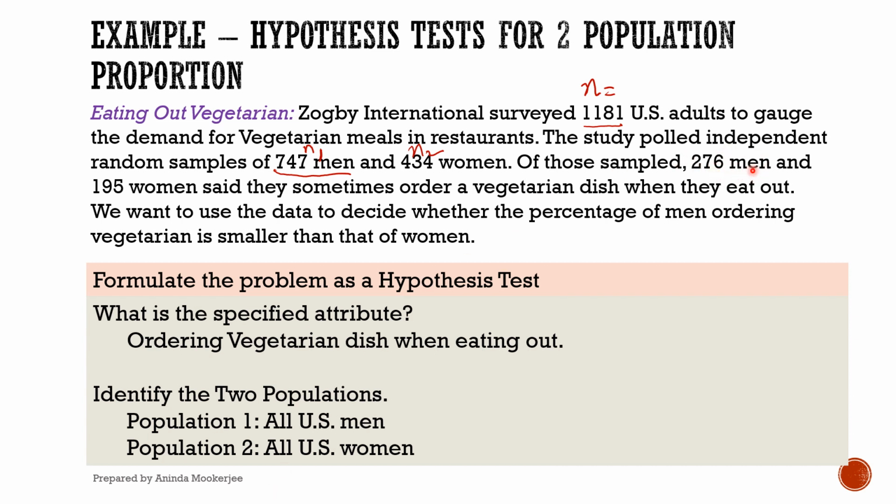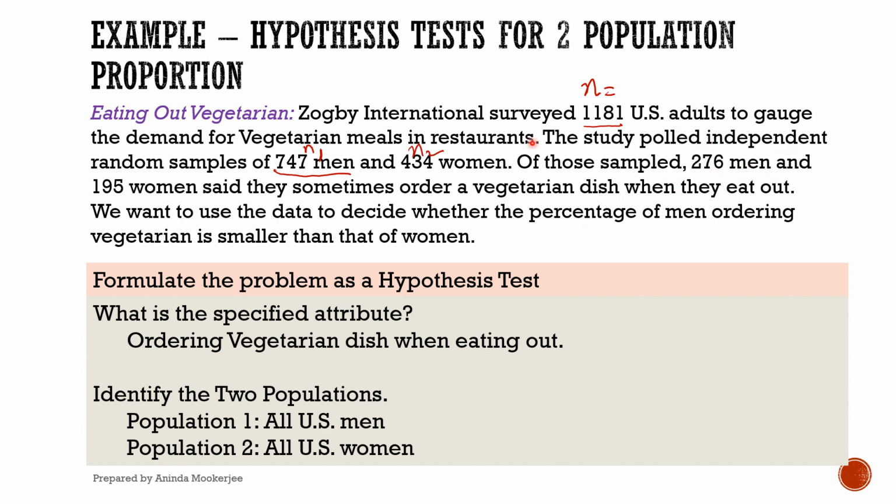Of those sampled, 276 men, so that means of the 747 men, 276 men said they sometimes order a vegetarian dish. So the specified attribute we are looking for is whether they order a vegetarian dish. So 276 men were successes.